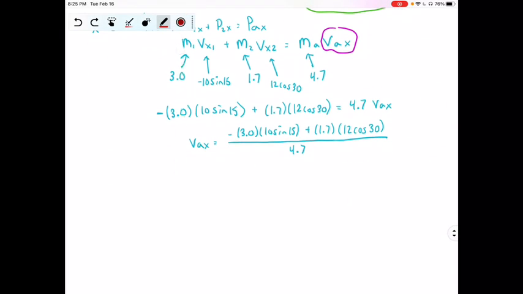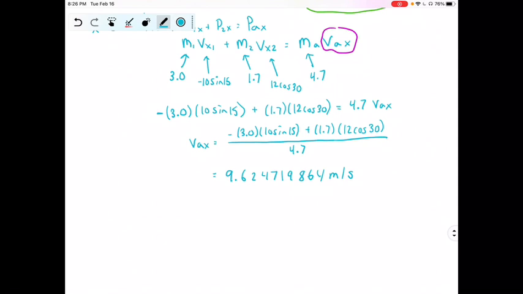After plugging this into your calculator, you do get a very long decimal number, which we are going to record here. I get 9.62471986 meters per second. And I did keep all the decimal places here because you don't want to introduce rounding error too early into your calculations.